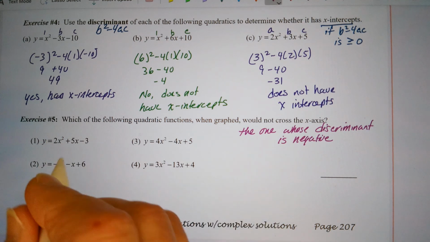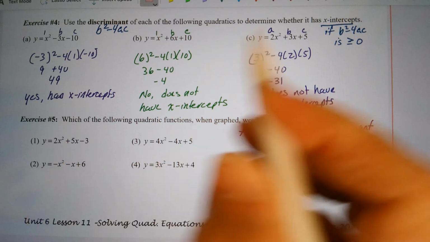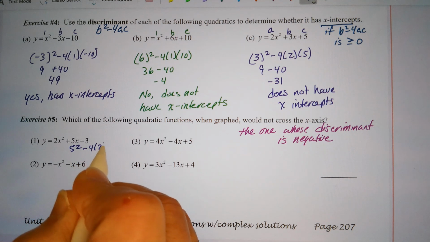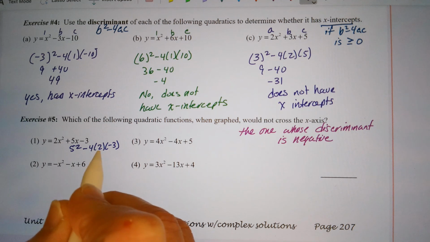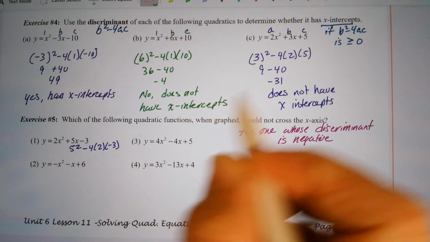Alright, I guess you have to go through all of these. B squared, it's going to be 5 squared minus 4 times 2 times negative 3. That's going to make that a plus. So this is going to be positive.